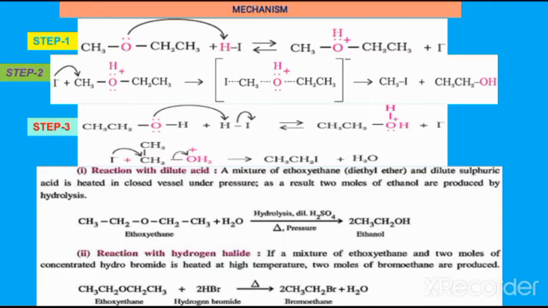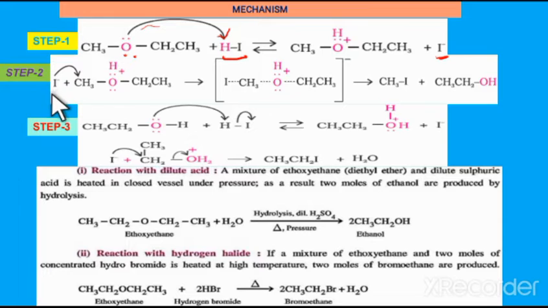Now the mechanism of this step. When the ether is treated with hydrogen iodide, the oxygen of the ether has two lone pairs of electrons. One of the pairs attacks the hydrogen of hydrogen iodide, forming the oxonium ion of the ether, in addition to the iodide ion.